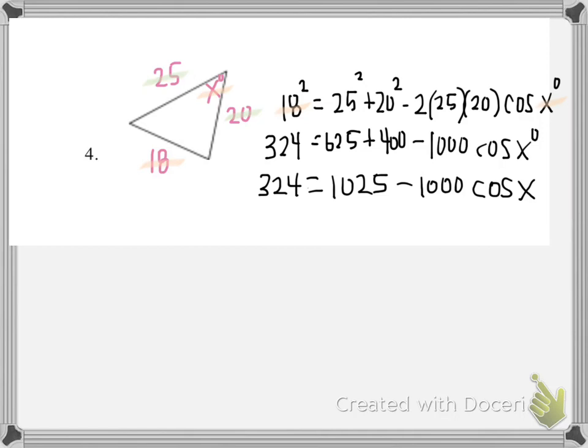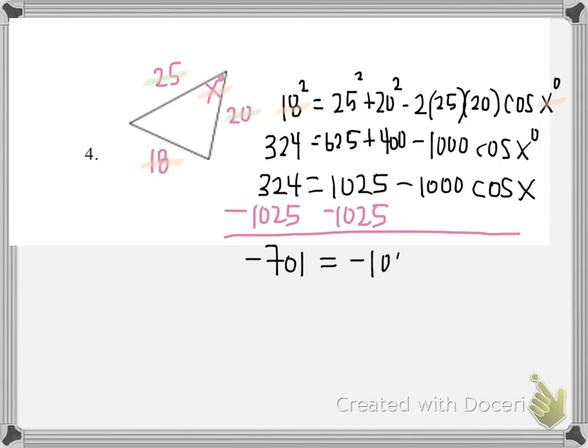Now you'll subtract 1025 on both sides, so you're going to get negative 701. Then divide both sides by negative 1,000, so you get 0.701.